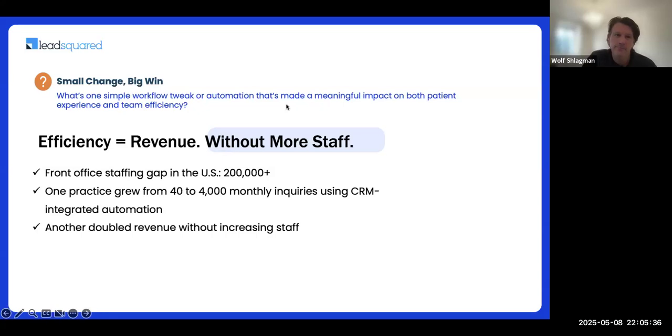Even LeadSquared has a verification module as well, like with P-Verify, for example, right? So you can prospectively verify if someone is covered and what coverage they have and so forth, before they even get into the EHR, right? Because there's no sense in entering all the information manually once again and realizing, oh, you don't have coverage.